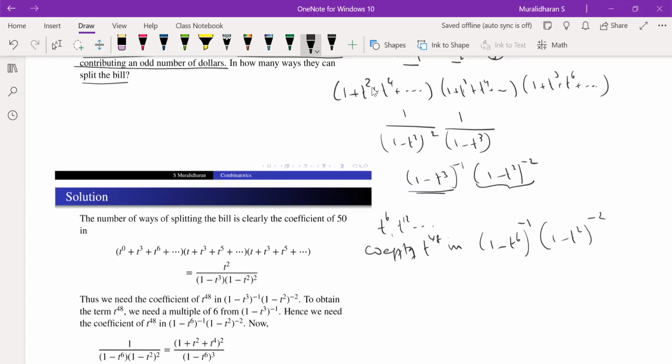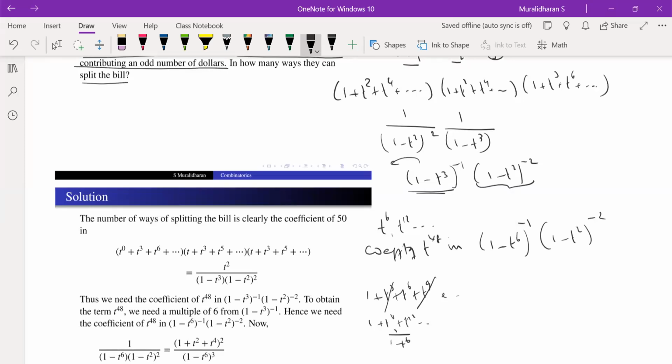Because I don't want this t cube term. Then what will come here? It will be 1 plus t cube plus t power 6 plus t power 9, etc. I can ignore all these odd powers. So what will remain? 1 plus t power 6 plus t power 12, etc. Which is the same as 1 by 1 minus t power 6. So I have written it that way. So here we have that. Correct? So I need that.